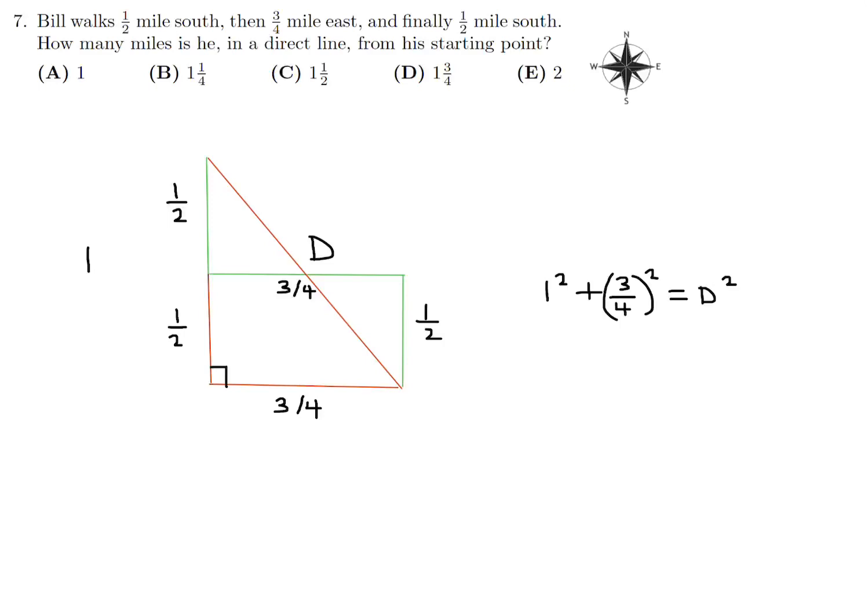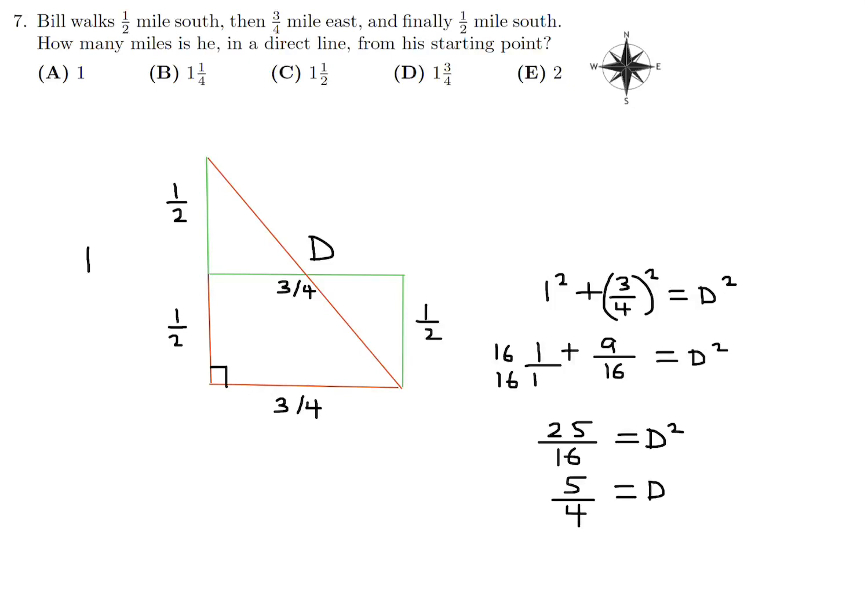So we've got 1 plus 9 over 16 is equal to D squared. Get a common denominator, 16 and 16. So 16 plus 9 is 25 over 16 is D squared, and therefore D is the square root of that, which is 5 over 4, also known as 1 1/4. So number 7, the answer is B.